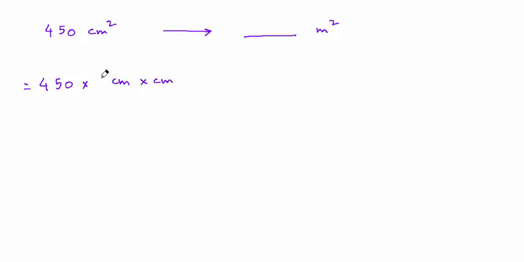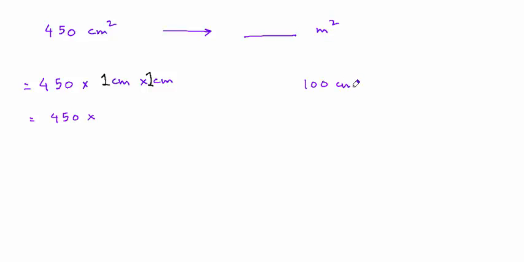And a centimeter is nothing but 1 centimeter. So we could as well say this is 450 times 1 times 1, that's 450, of course, and it's centimeter times centimeter. Now, what is 1 centimeter expressed in meters?